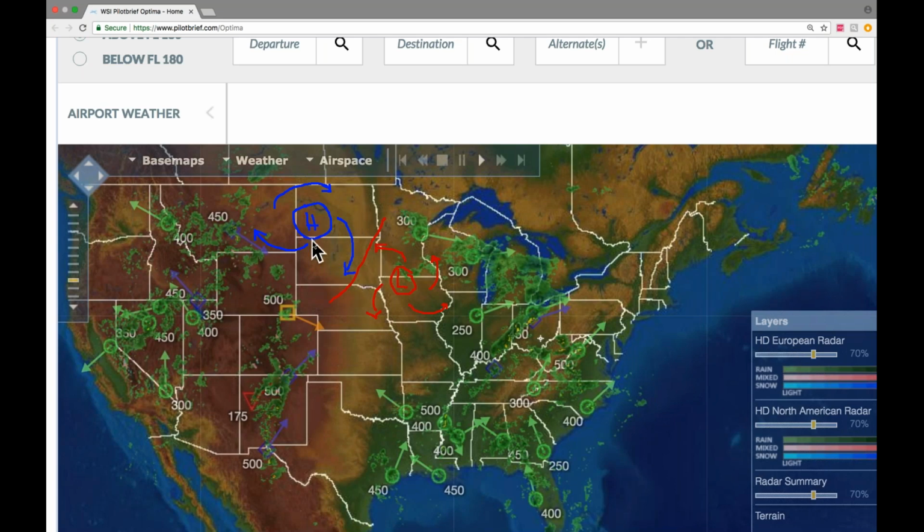The lows tend to want to overtake the high, but sometimes the highs can push the lows, kind of like a snow plow would. These frontal systems is where we see weather develop. Okay.